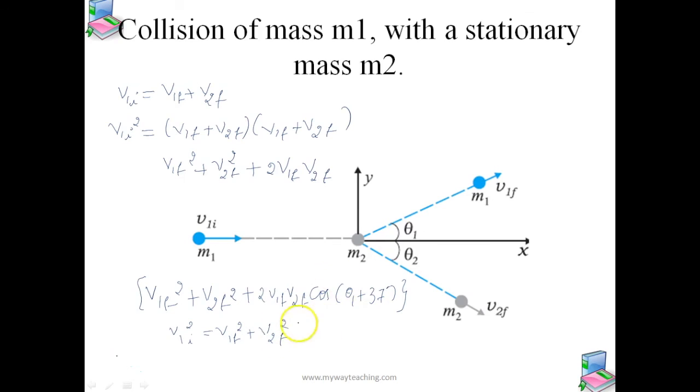Comparing these two equations, equation 1 and equation 2, we get cos (theta 1 plus 37) is equal to 0, and theta 1 plus 37 is equal to 90 degree, and theta 1 is equal to 53 degree, isn't it? So this proves that when two equal masses undergo a glancing elastic collision with one of them at rest, after the collision they will move at right angles to each other.